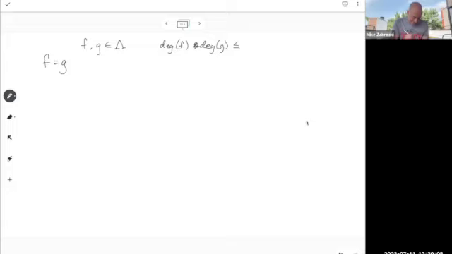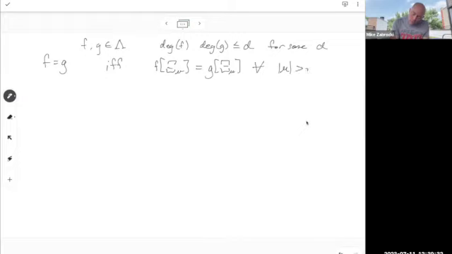If both of these degrees are less than or equal to some D, then F is equal to G if and only if F evaluated at psi mu is equal to G evaluated at psi mu, but this time for all mu greater than D. If you evaluate it for enough points higher, it also characterizes F and G, and that's what we need in order to prove things in this.